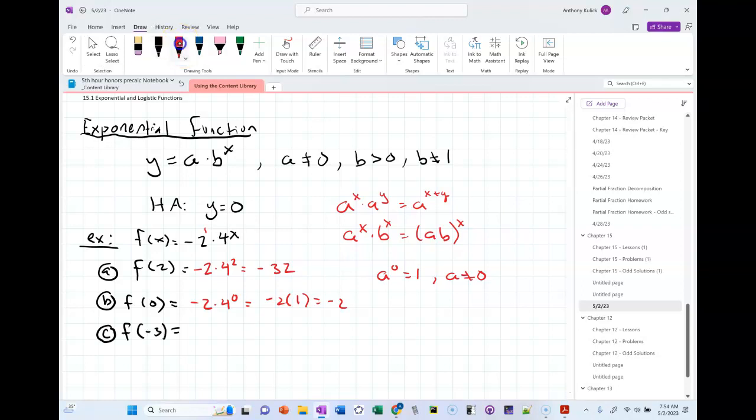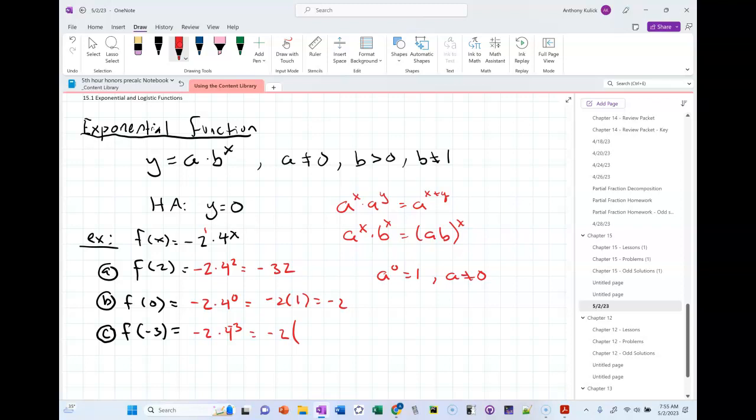What if we have f of negative 3? So that's going to be negative 2 times 4 to the negative 3. How do I do a negative exponent? Anybody?